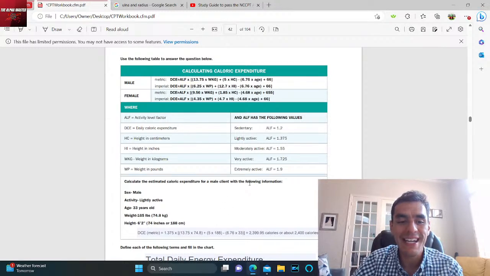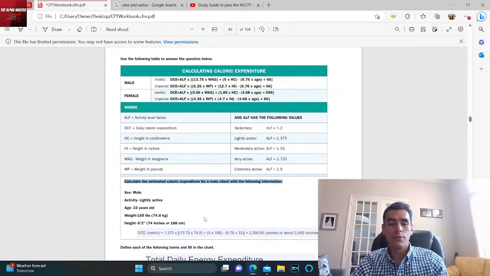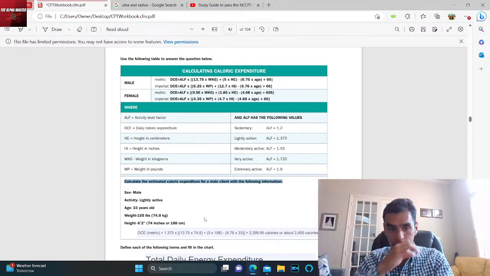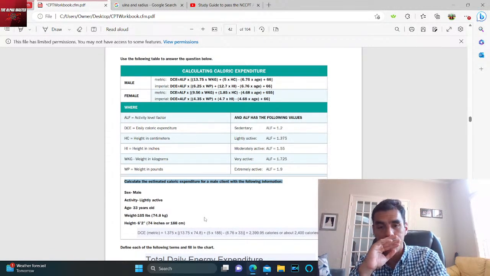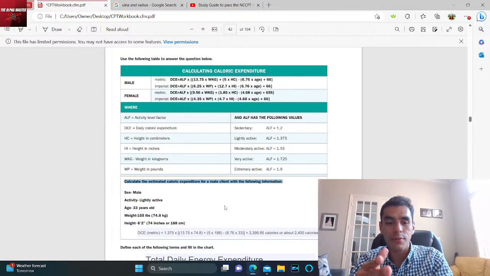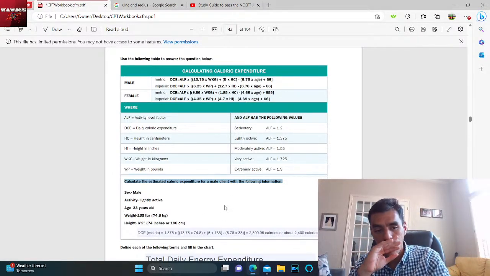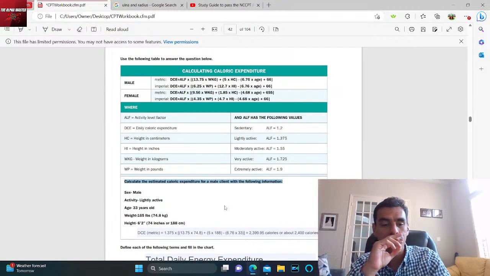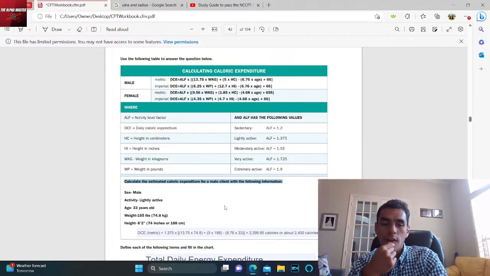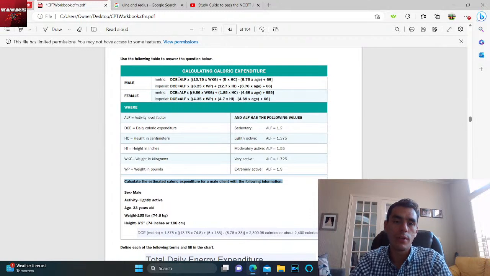And you have to calculate the daily calorie expenditure for a male client with the following information. So then it's likely active. If you want to use metric, because you can use both, they gave us information in metric and in imperial, then you have to use this formula right here.